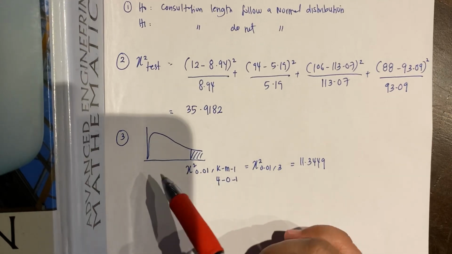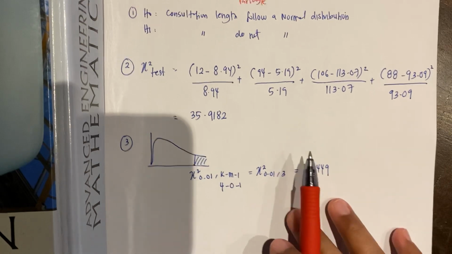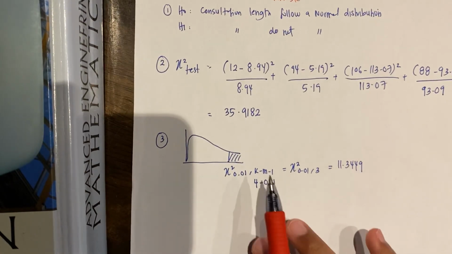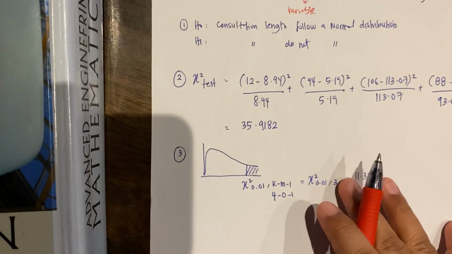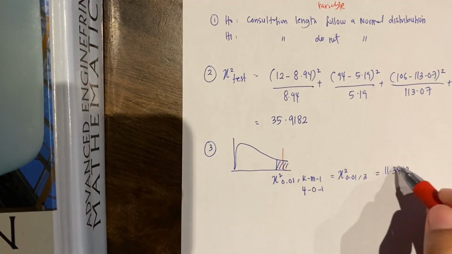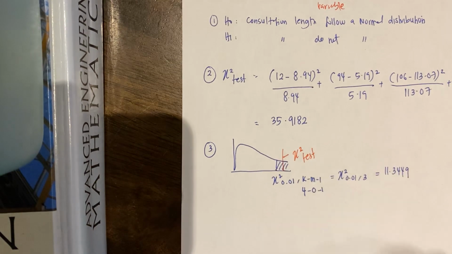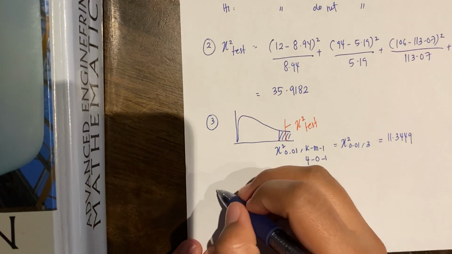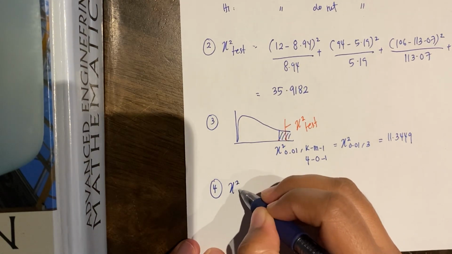And then step 4, decision. As I said, you can plot where your chi-square is so that it is clear what your decision is. Chi-square is somewhere here, which is greater than the critical value. If you plot, make sure to label. Chi-square in the rejection region means reject H null.